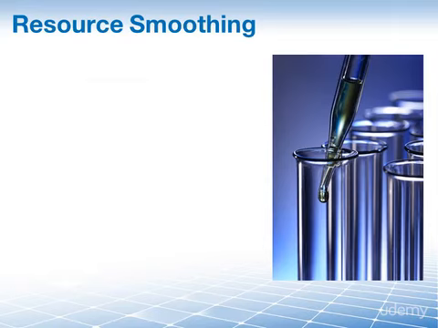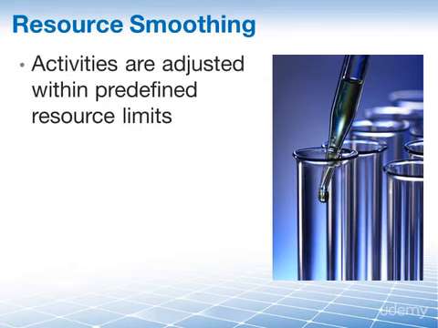Resource smoothing, on the other hand, is a resource optimization technique that adjusts the activities of a schedule model so that the requirements for resources on the project do not exceed certain predefined resource limits. The name smoothing comes from our attempt to determine a resource requirement that is smooth and where peaks and valleys are eliminated when using this resource throughout the project.